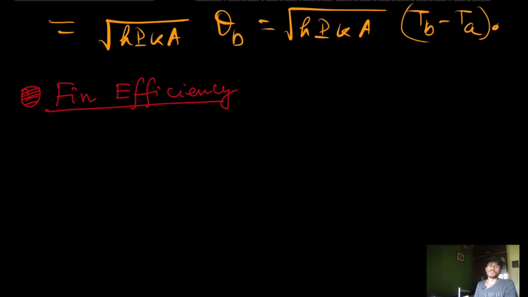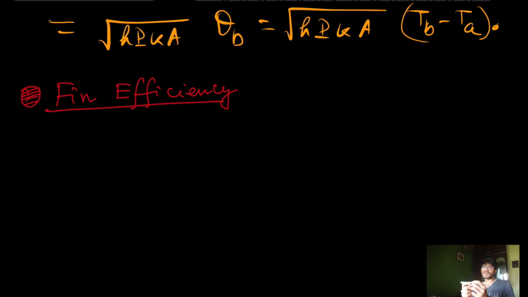So fin efficiency, it is what? That if this is my fin, okay, see here carefully, and this is my base and this is my tip. Now there will be some temperature drop from this base to this tip because this fin is having a finite thermal resistance or a finite thermal conductivity, okay.